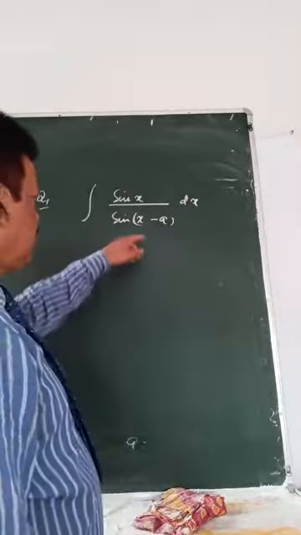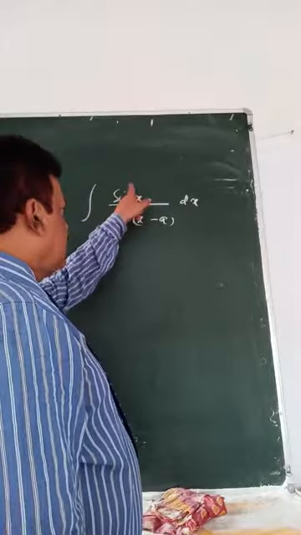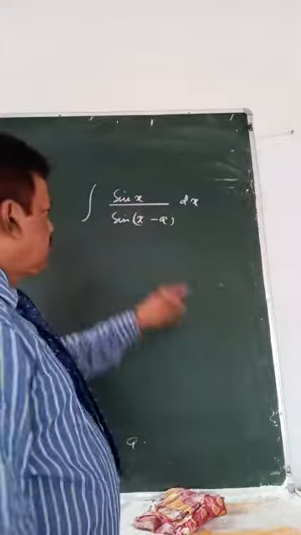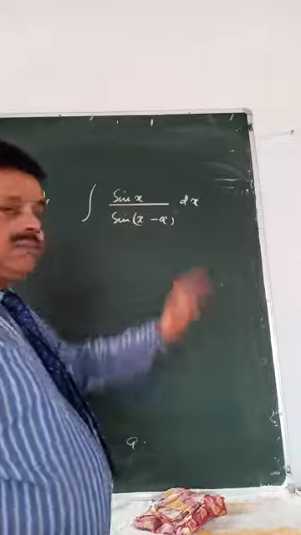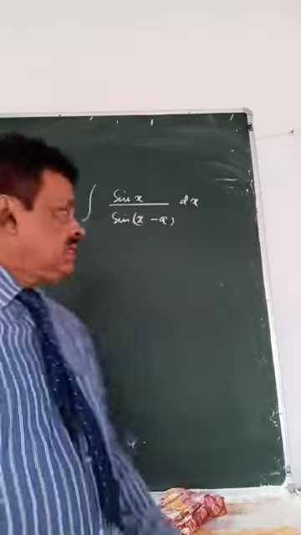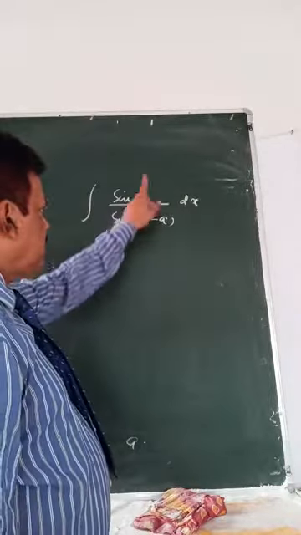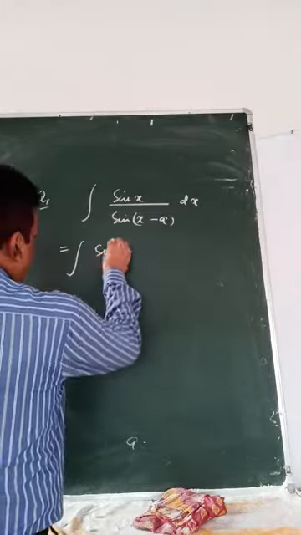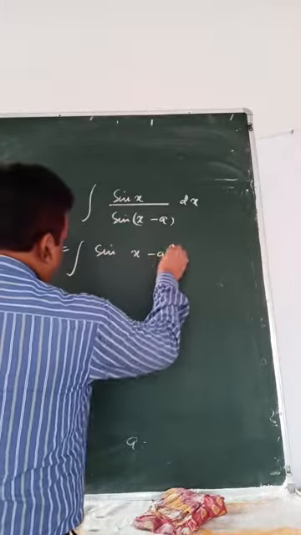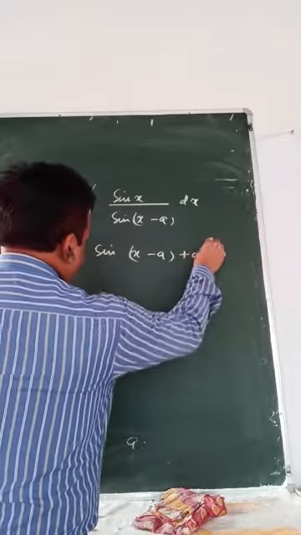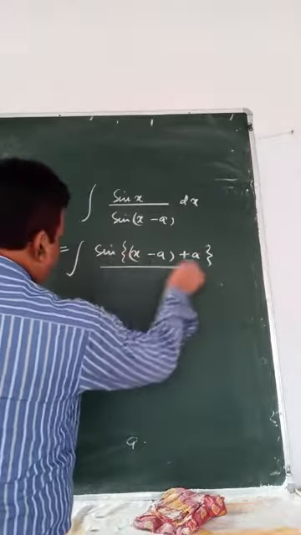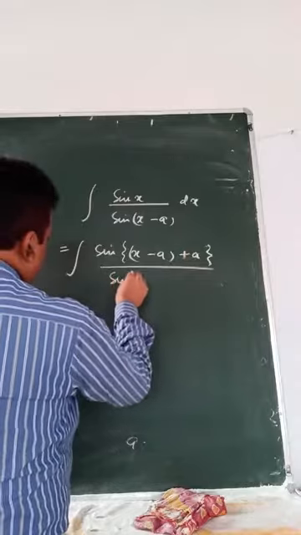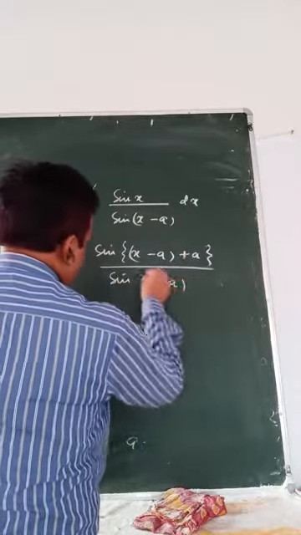You remember it's always good to expand the numerator. The denominator, if you expand, will not be helpful to integrate. So try to create x minus a here. So I can write sin of x minus a plus a, by sin x minus a dx.